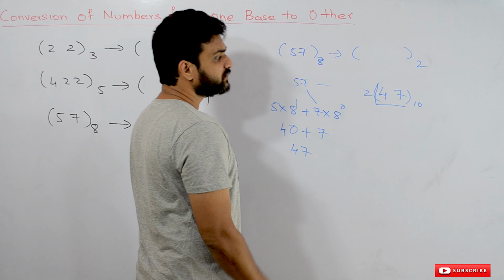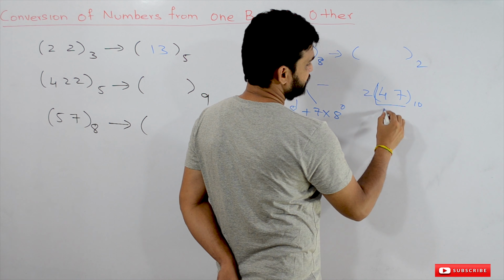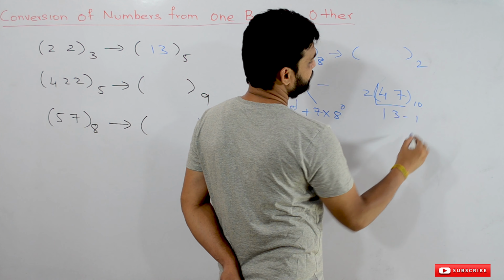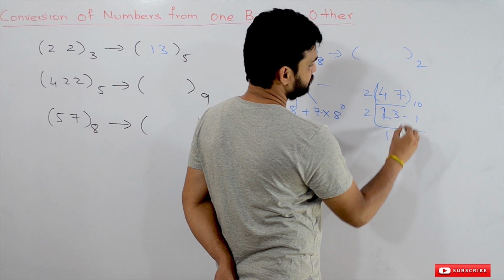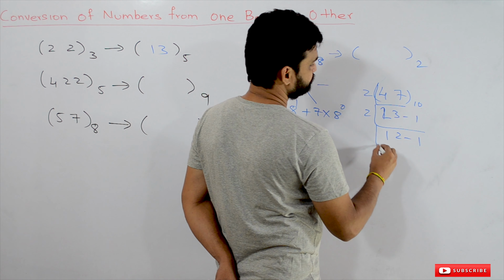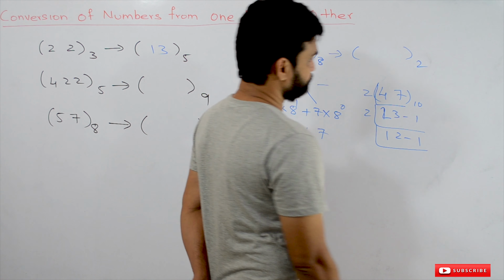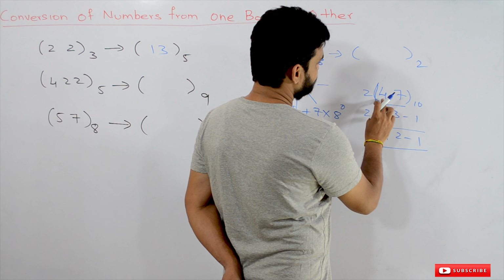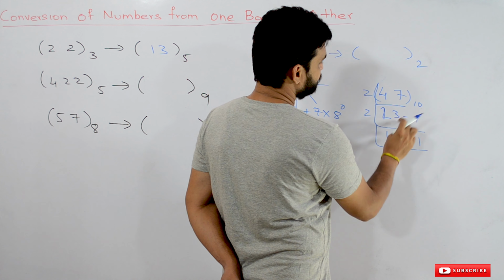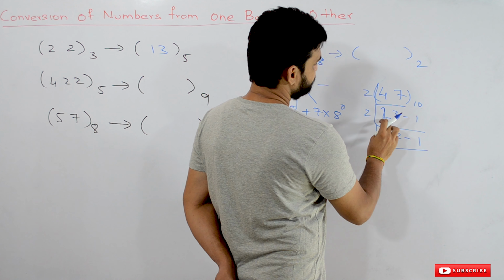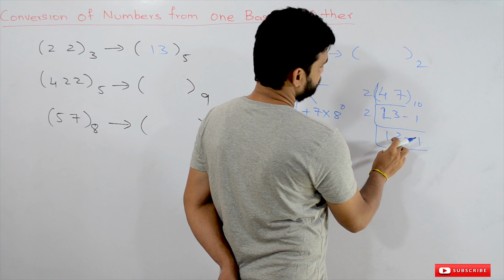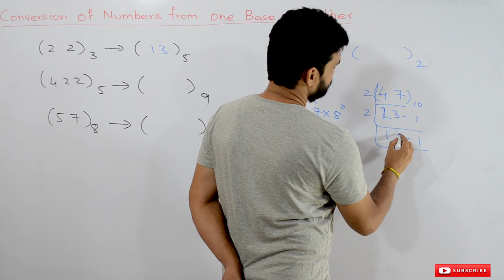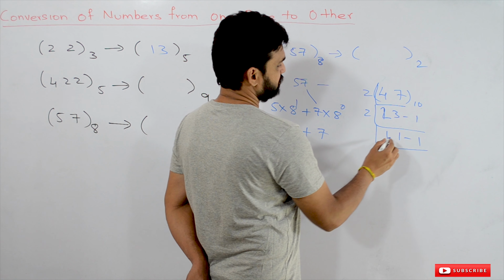For that we do division by 2 until the quotient is 0. 47 divided by 2 gives quotient 23 and remainder 1. Then 23 divided by 2 gives 11, remainder 1. Then 11 divided by 2 gives 5, remainder 1.